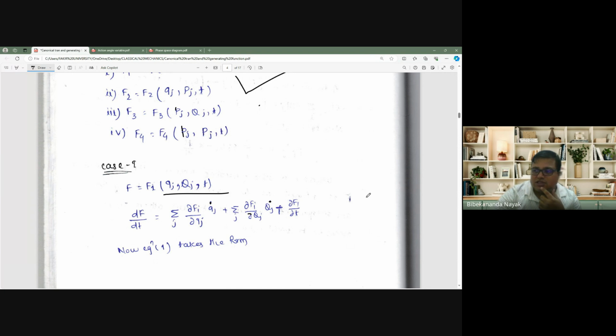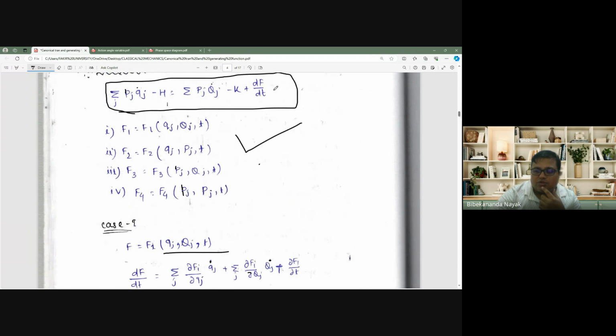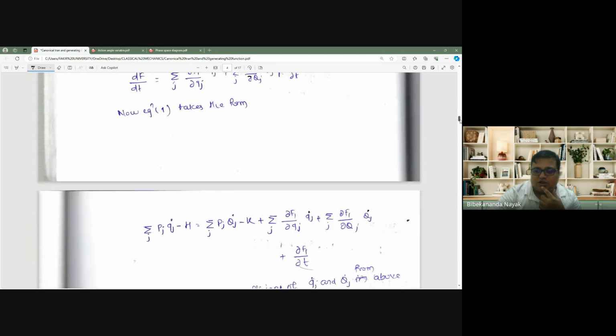Now put this in the equation in place of dF by dt. Putting this, I got this equation: the left hand side remains the same, these two terms remain the same, and this one becomes del F1 by del qj qj dot plus del F1 by del Qj Qj dot plus del F1 by del t.